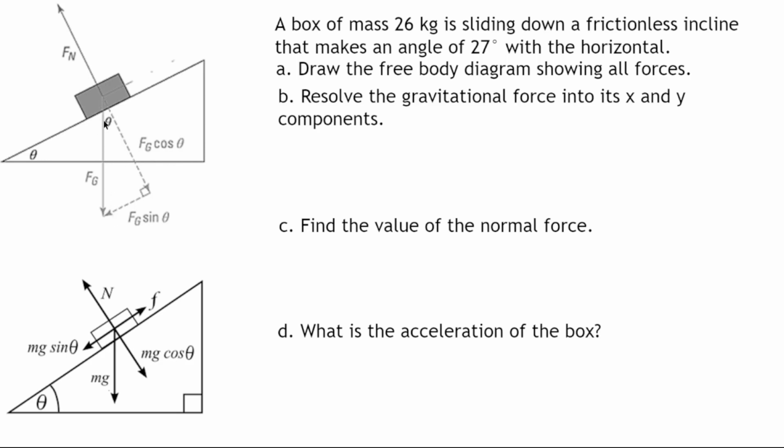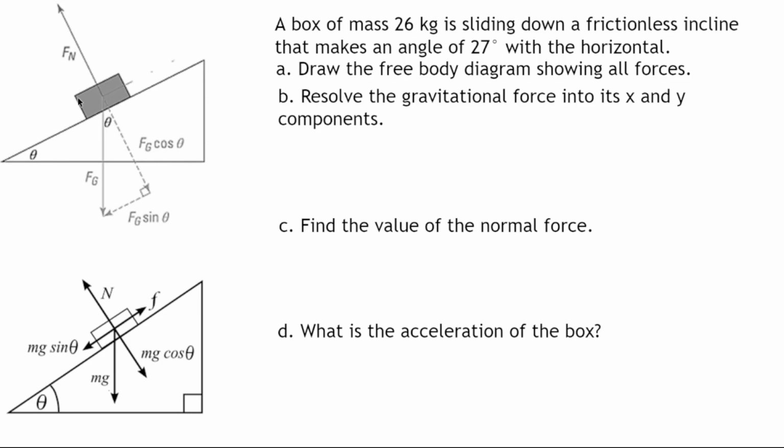Since Fg is going downward but it's not directly affecting the actual surface, since it's not a direct horizontal surface, this force of gravity is still pushing it down. We have a value moving it to the left and a value moving it down. With this incline, we look at Fn, the normal force, and it's perpendicular to this surface, not the horizontal as we've seen before.